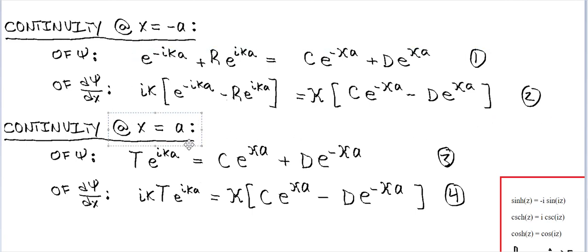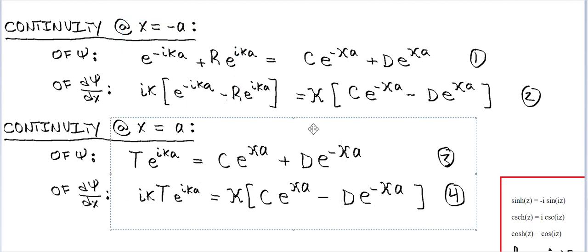If we do the same at x equals plus a, insisting upon continuity of psi between region 2 and region 3, whereas up here we were imposing continuity of psi between regions 1 and 2, we get these two equations, which I named 3 and 4. You probably right now are hoping upon hope that I'm going to actually go through all the math, because I know you love watching that, but I'm not going to.